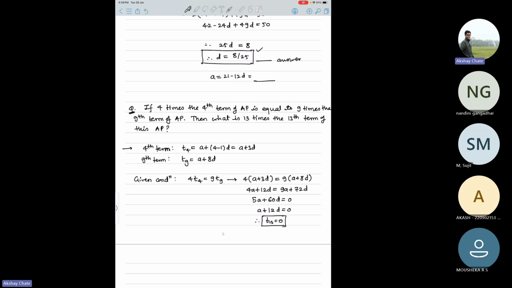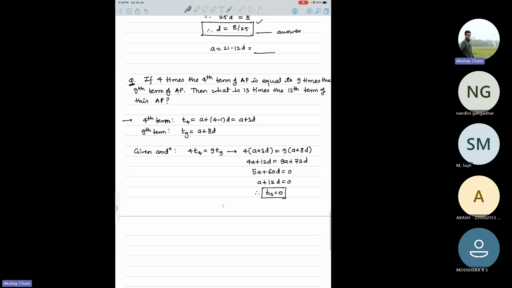What they are asking is, what is 13 times the 13th term? That will be 0. So this is one interesting question where you need to identify this step, because what students usually do is they get A as minus 12D, and then what to do? It's a big question. Anyway, this was one interesting one. I hope you understood.